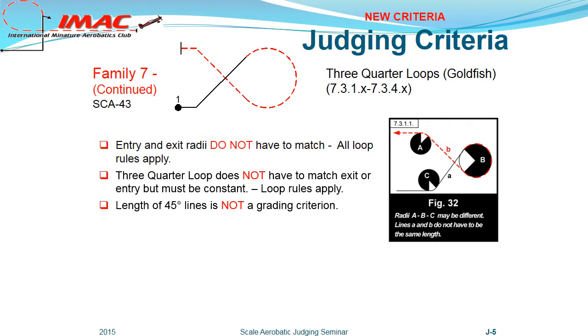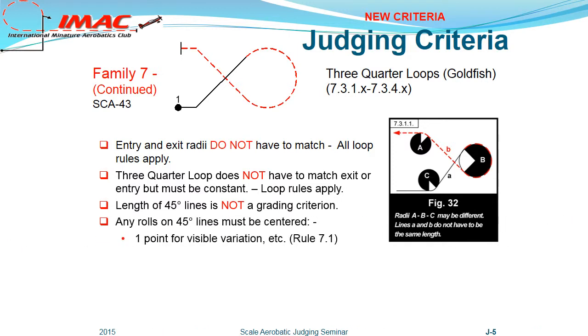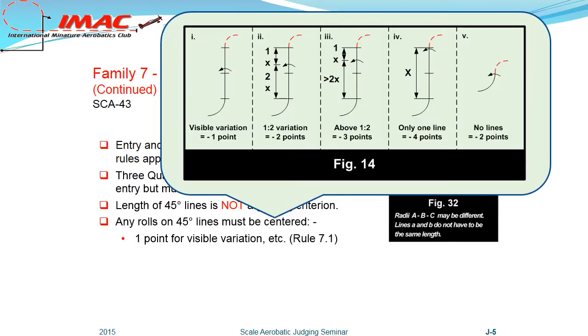The overall length of the lines is not graded. The pilot may draw them as long or short as desired. Should there be rolls on the 45-degree lines, however, those rolls must be centered. Deductions range between 1 and 4 points, using Figure 14 in Rule 7.1 as a reference.